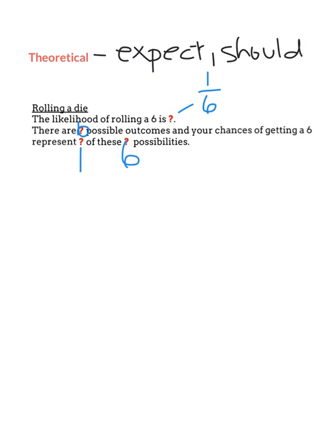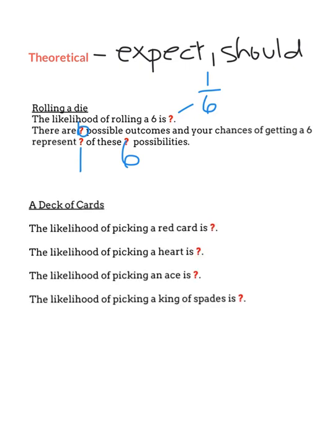Let's look at the next one. The next one was where we are looking at a deck of cards. In order to answer the deck of cards questions, it would be really important for you to know what a standard deck of playing cards includes. So I included a link on that slide for you to take a look if you weren't familiar with a deck of cards. It's just some general good life knowledge, as well as in math class for probability, decks of cards come up a lot because cards tend to be familiar from games of chance, which are probability related.